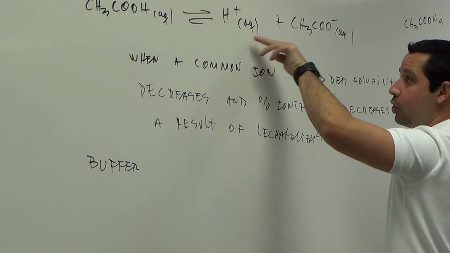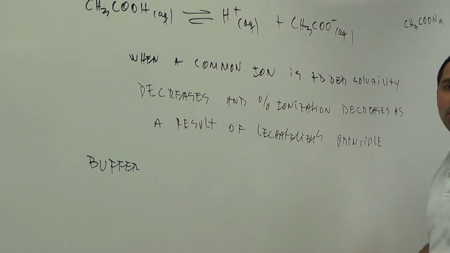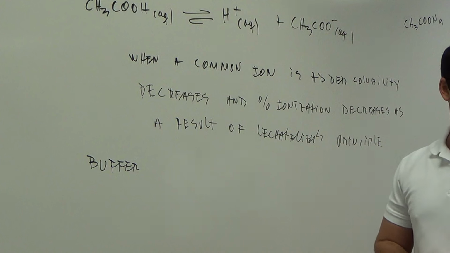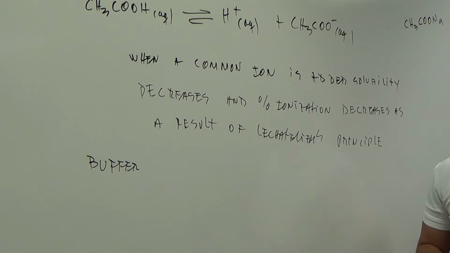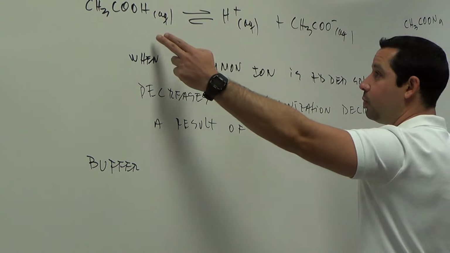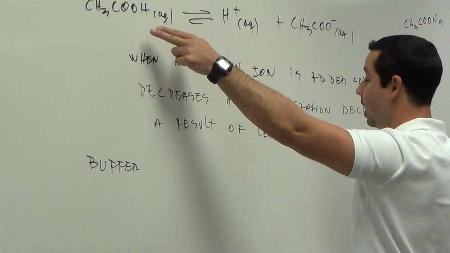So as you go that way, you use that up and the pH goes up, meaning becoming more basic. And what happens to the percent ionization? Percent ionization decreases when you add that, because this way was percent ionization, that way is not percent ionization.